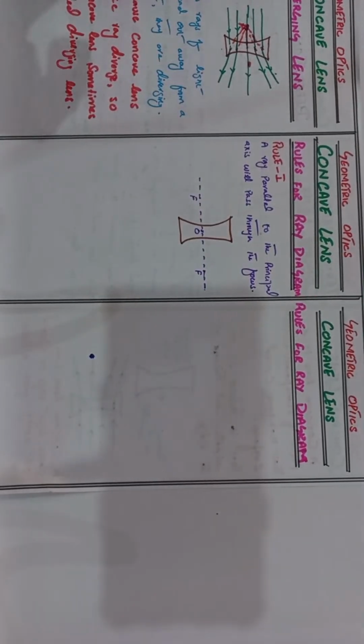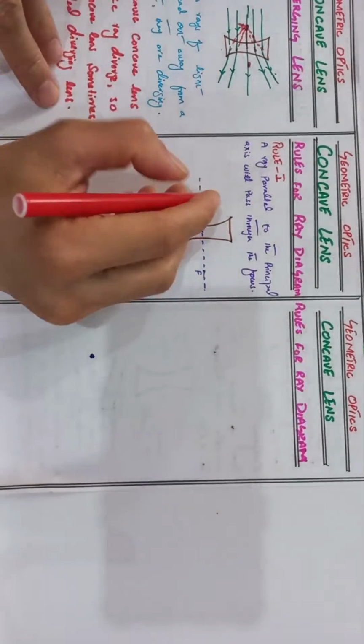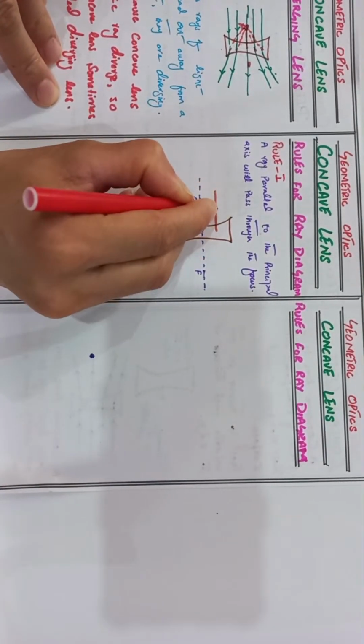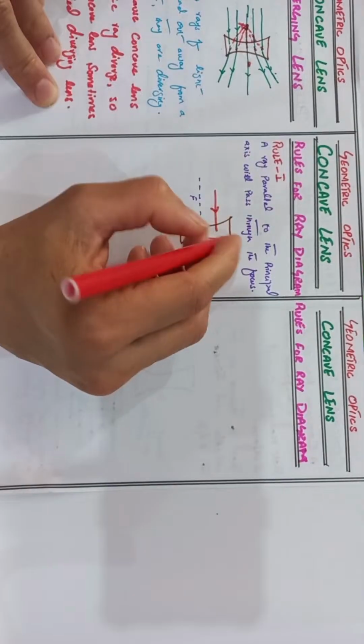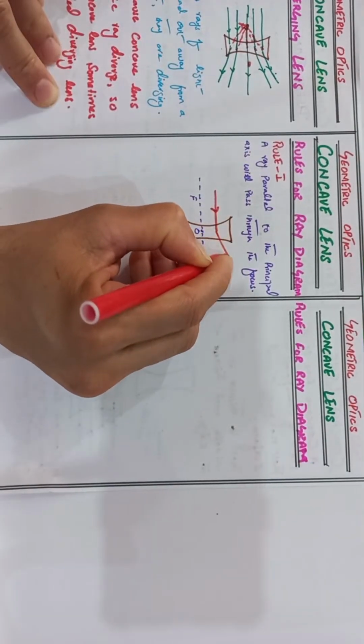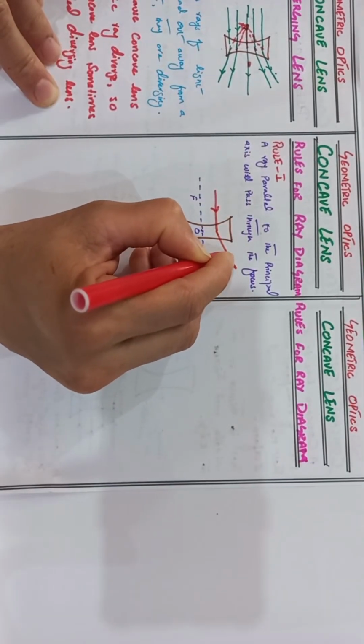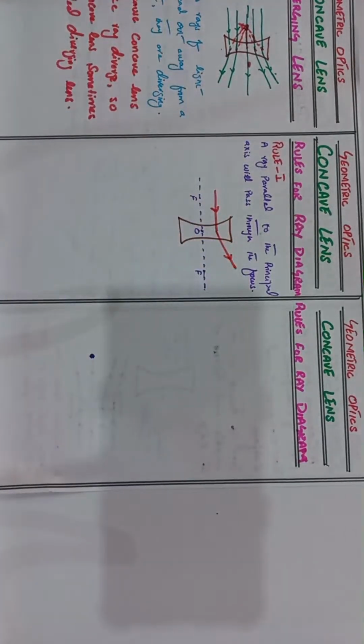Here we take the rays that are parallel to the principal axis, which will refract when they exit from the concave lens.